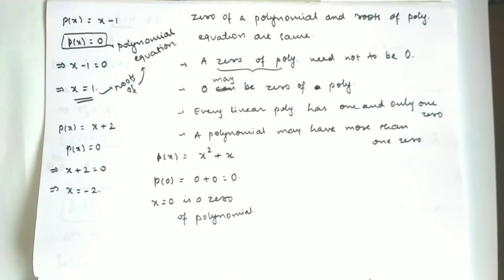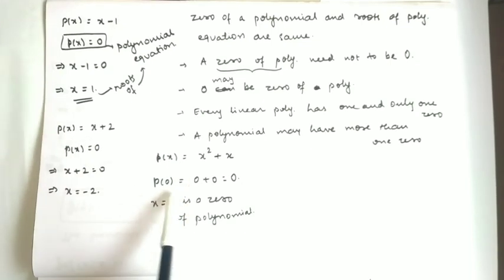A polynomial may have more than 1 0. All these 4 points are very, very important for this particular concept, that 0 of a polynomial need not to be 0. 0 may be 0 of a polynomial. Every linear polynomial has one and only one 0. And a polynomial may have more than 1 0.